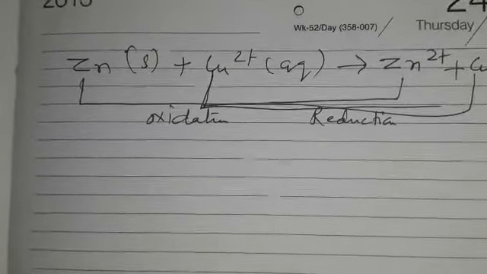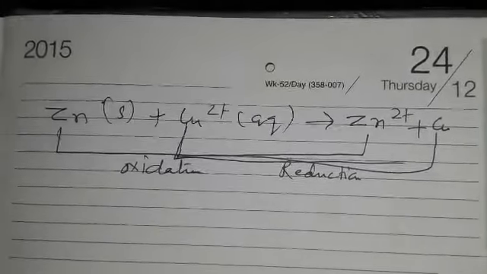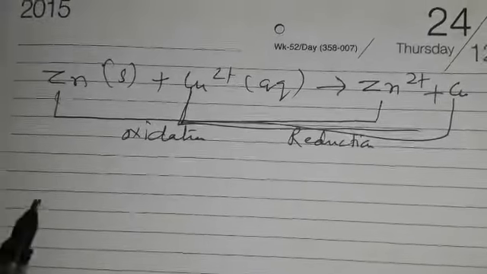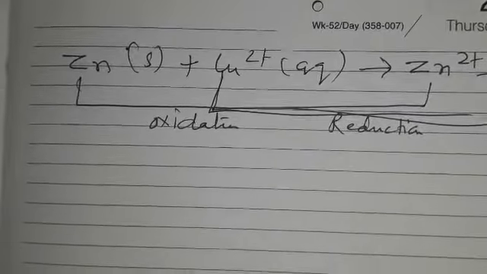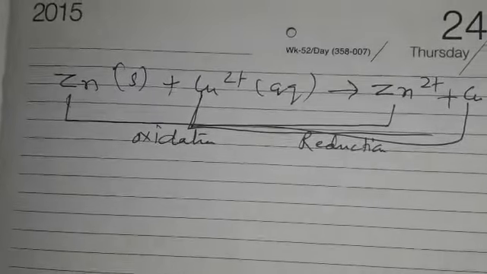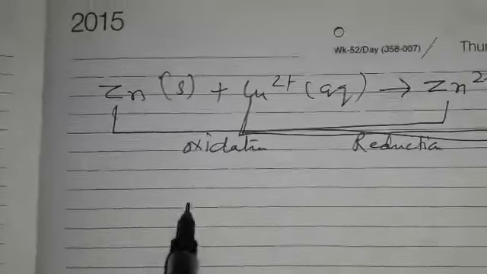gold, silver, mercury, they are below hydrogen in the electrochemical series. And zinc, iron, nickel, sodium, potassium, lithium, magnesium, those are higher than hydrogen.